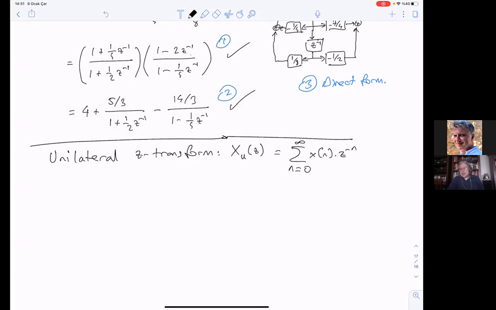So in many cases, x sub u of z and x of z may be the same. They are the same for all x of n's that are already right-hand sided, because then the summation automatically starts from 0 and extends to infinity.